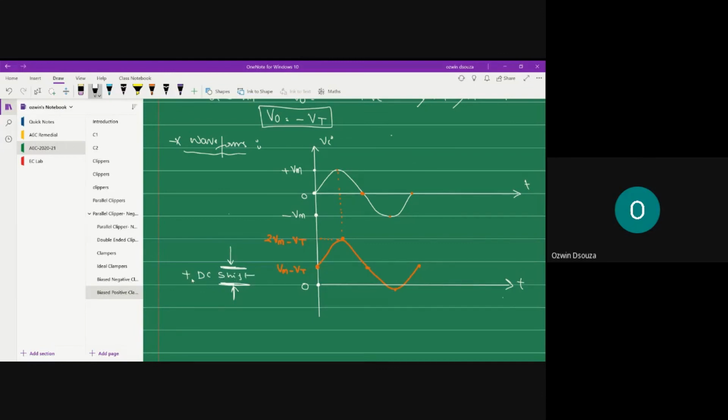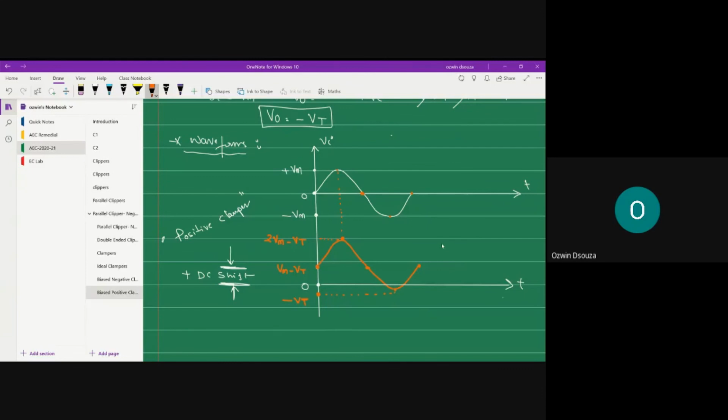You can say positive DC shift, hence a positive clamper. Now, I have to write this peak value also. This is at minus Vt level.